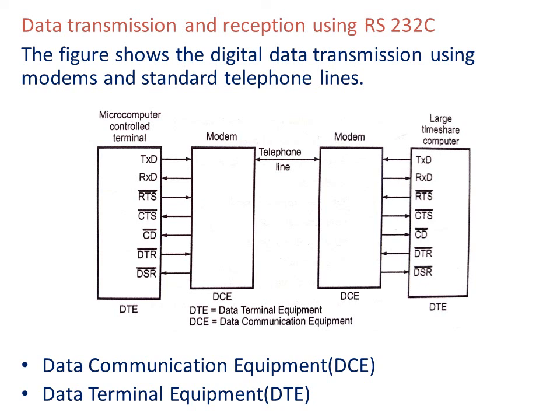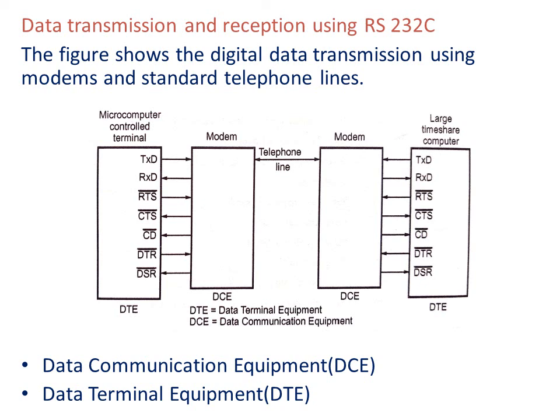Immediately after the CTS bar signal, the terminal at the transmitting end sends the serial data on its TXD output. A similar handshake takes place for receiving data also, and this process is explained in the figure. As shown in the figure, a microcomputer control terminal represents the DTE, data terminal equipment, and the modems represent the DCE, data communication equipment.